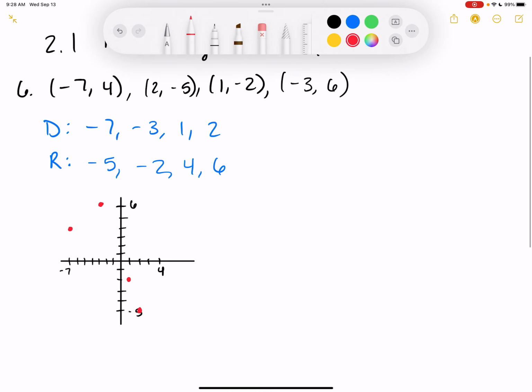And then lastly, we do a mapping diagram. So we have an input column and an output column. So input is going to be our x values, so -7, -3, 1, and 2. Output, -5, -2, 4, and 6.